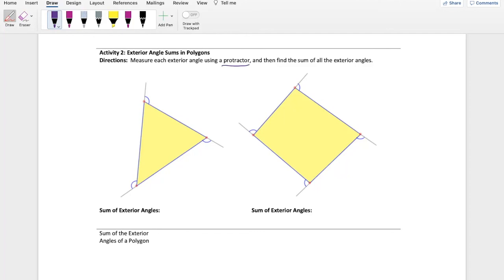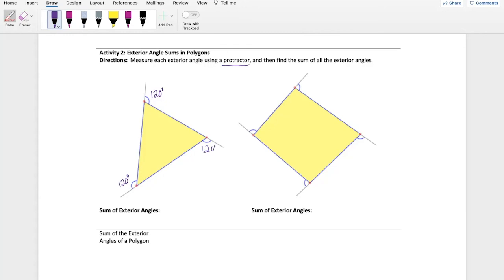All right, so with your protractor, if you measure this exterior angle here, you should have come up with 120 degrees. This angle, if you put your protractor here, would also be 120 degrees. And this exterior angle would also be 120 degrees.